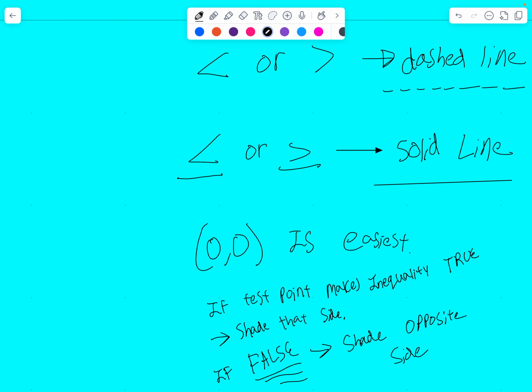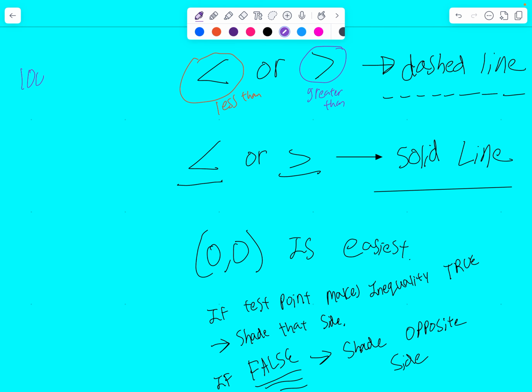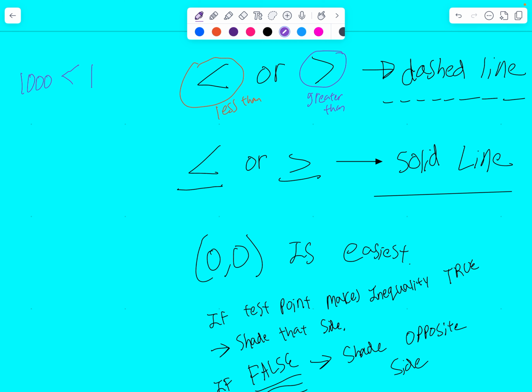The first thing you should know is that when you have this sign, that I'm circling in orange, that means greater than. It's a weird symbol that in words just means greater than, right? Like if I had 1,000 and 1, I'm not going to say 1,000 is less than 1.